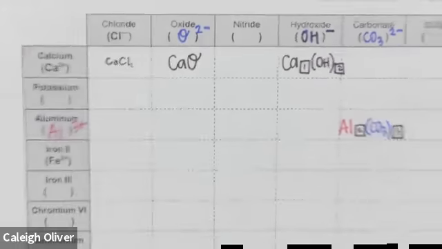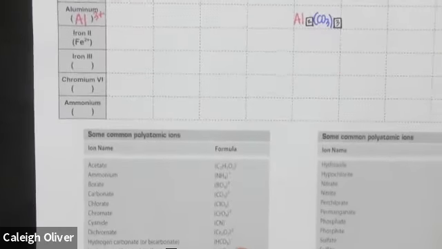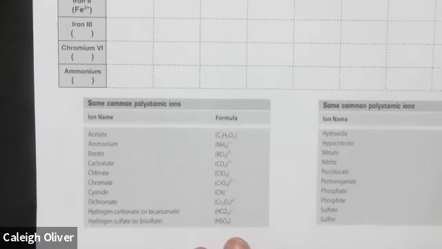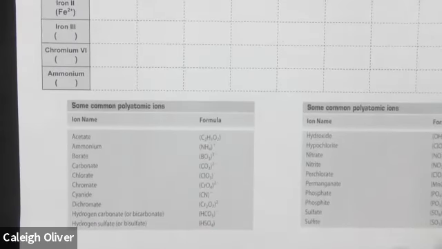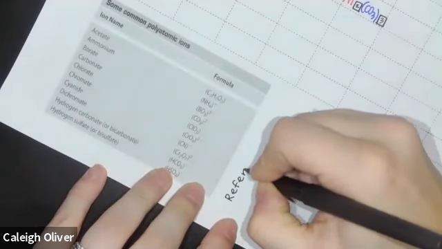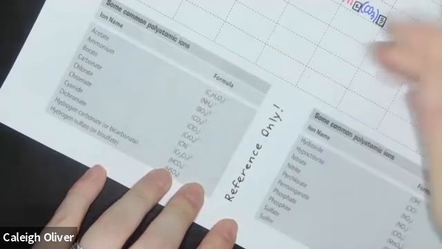So this chart's going to take you a little bit. This is the bulk of the assignment. Down below is just a reference of more that you might have heard of, but you do not need to memorize these ones. These ones down here are just for reference only.